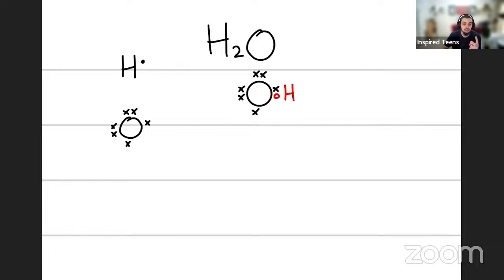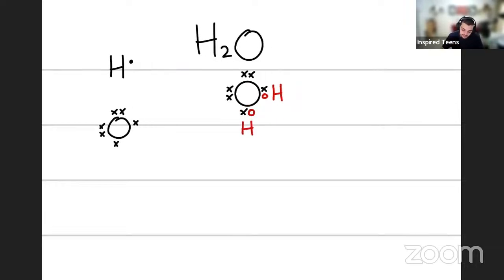Remember, oxygen has this single electron that's ready to bond to form a pair. And here the second hydrogen comes in and forms a bond with oxygen using this single electron.